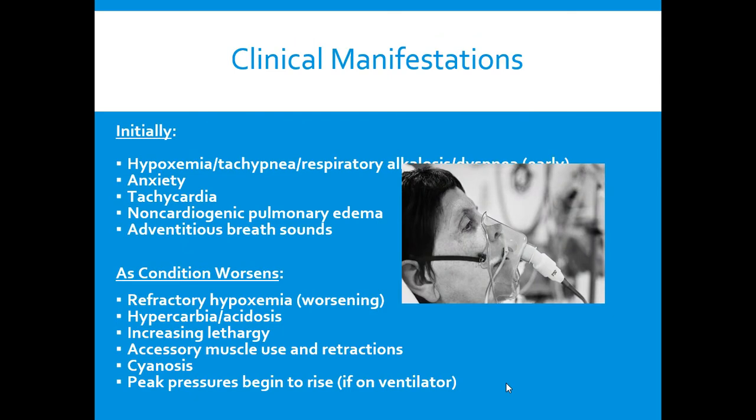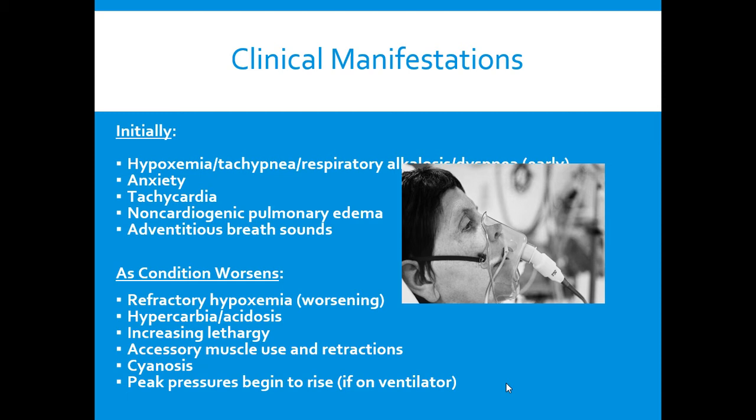Clinical manifestations. Initially, you'll have some hypoxemia, tachypnea, respiratory alkalosis, and dyspnea. They'll be very anxious. They'll have a high heart rate. They'll have, remember, this non-cardiogenic pulmonary edema. When these patients get chest x-rays, you'll see increased alveolar fluid, and it'll look like bilateral infiltrates.